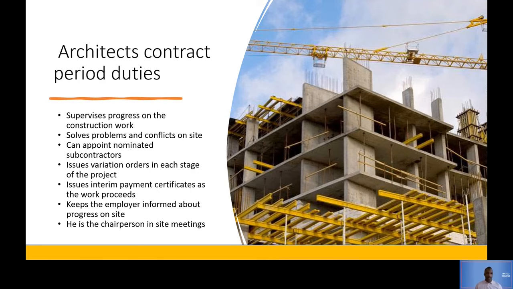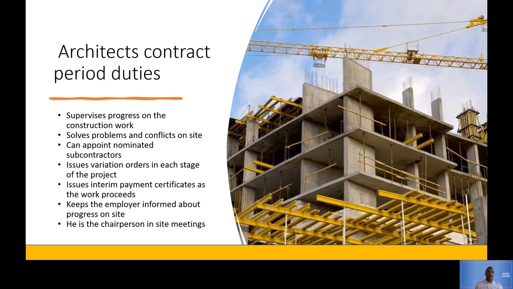So each and every month, the contractor on site will say, I've done this much work. For the work I've done, please pay me this certain amount based on the work that I've done. So the contractor then prepares the interim payment certificate. Okay, it's during construction, it's interim.